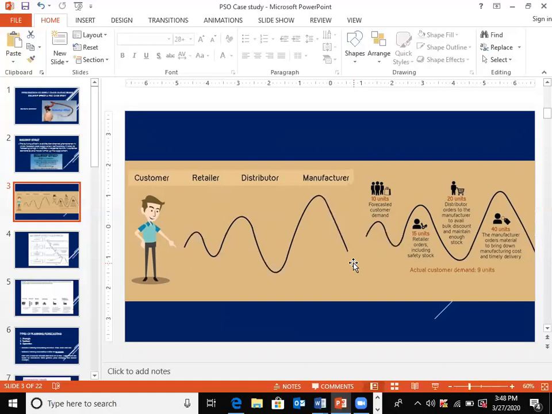Now that you have bought 10 units of wheat, the retailer says, oh, wow, we just sold 10 units of wheat. Maybe we should place an order for 15 units of wheat, and we should let our distributor know that tomorrow they should deliver 15 units of wheat.